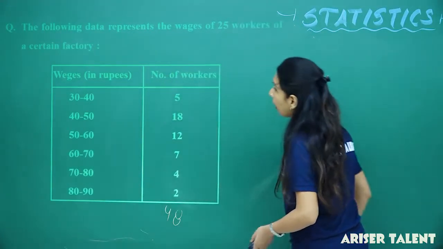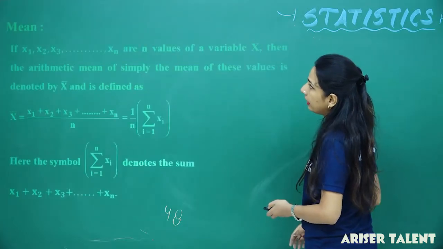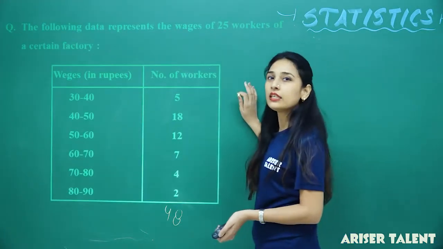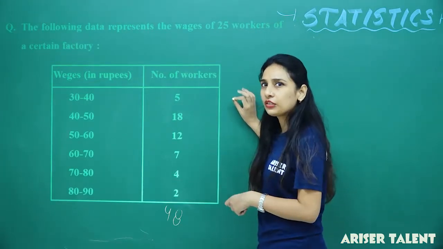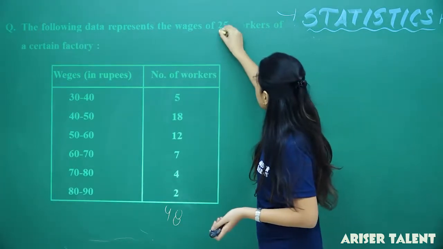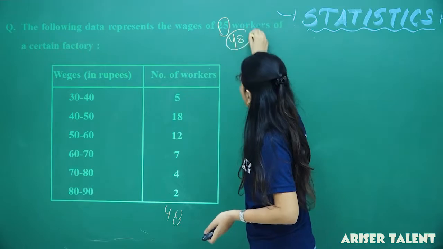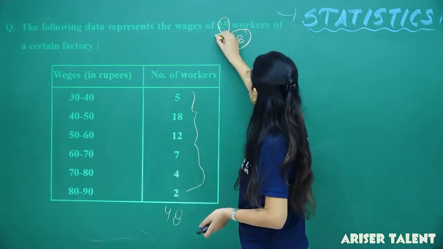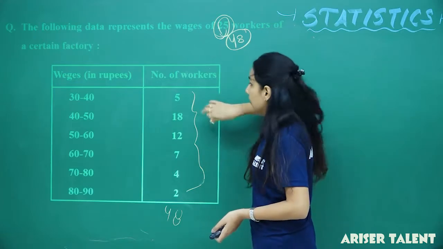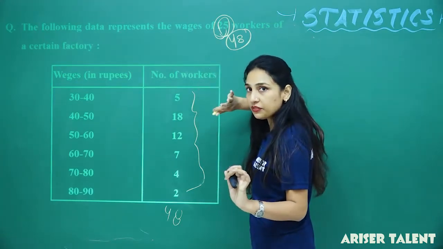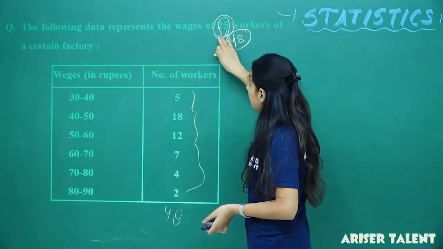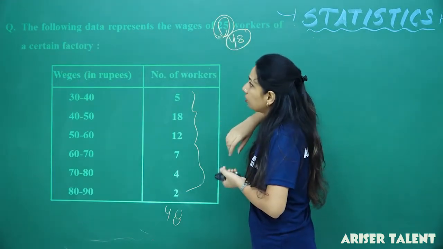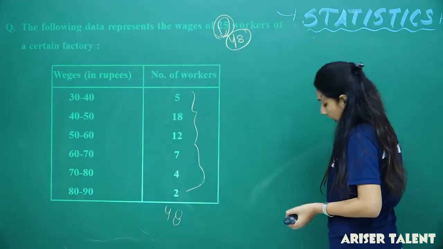Actually, this question is certainly not completed, so we will deal with it in the next lecture and correct it. It is 48, because the number of workers gives you the total here. This is frequency, number of workers, that means frequency. So that total is the number of observations. We will meet with this question in our next lecture.